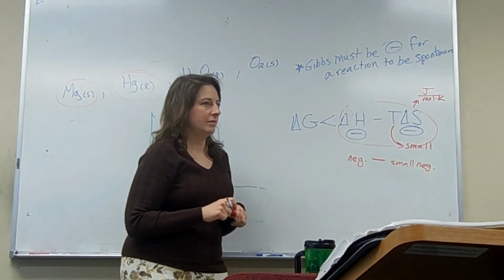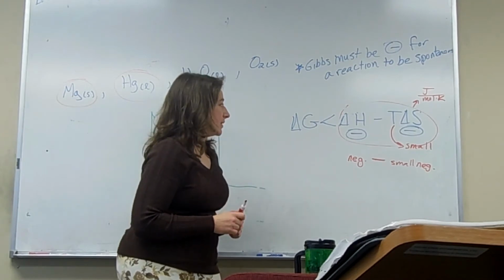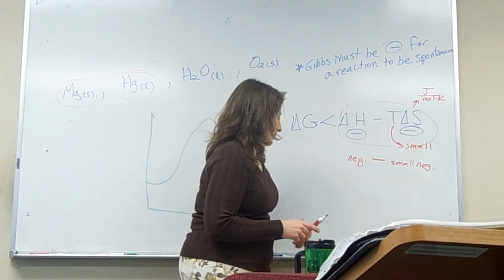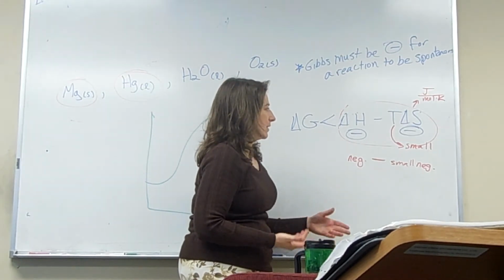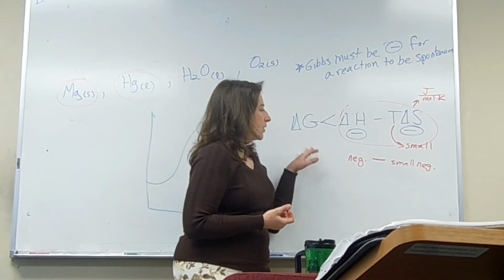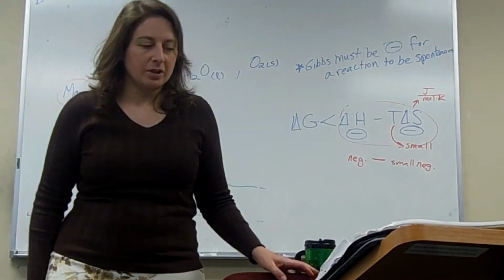And the temperature is the only thing you can really change. Exactly, because enthalpy is a state function. Entropy is defined in this case as decreasing. So you have to run this at a really cold temperature.